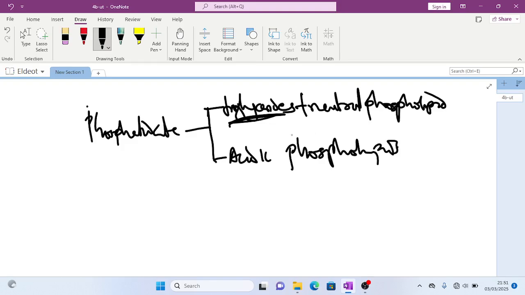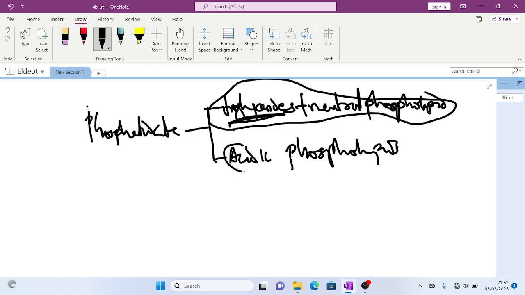So phosphatidate can be used to form triglycerides and neutral phospholipid, and phosphatidate can be used to form acidic phospholipid. So we'll start with the very first one, the formation of triglycerides and neutral phospholipid, before we then look at the formation of acidic phospholipid.